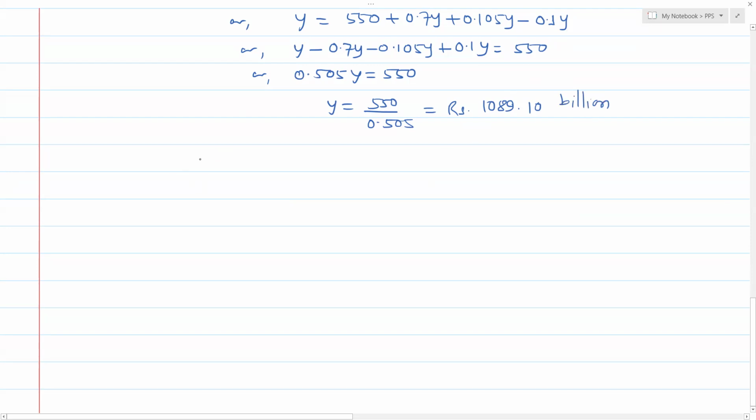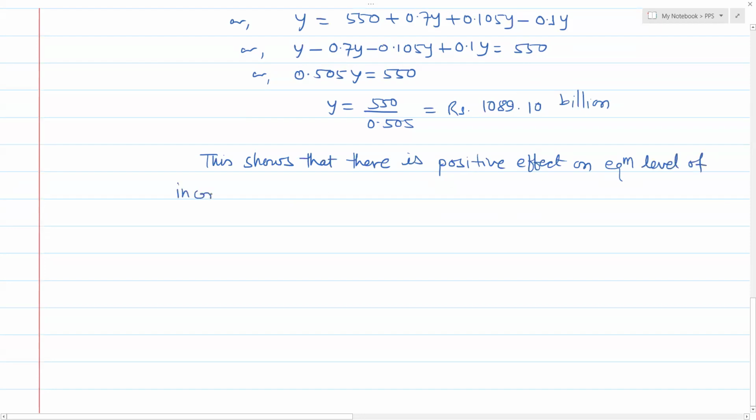Therefore, this shows that there is a positive effect on the equilibrium level of income due to the increase in government expenditure and the decrease in the tax rate.